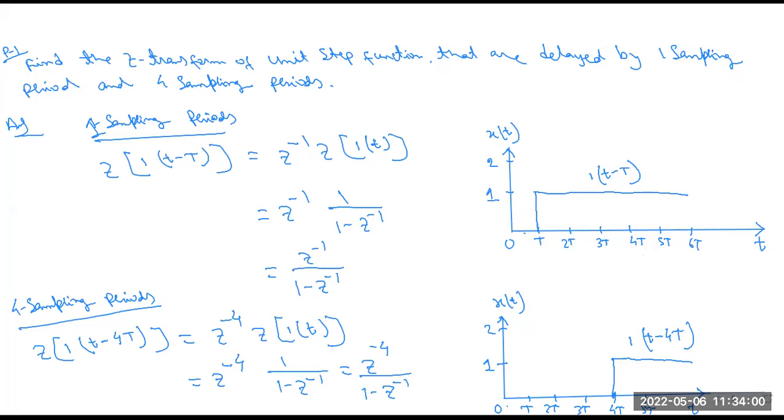Another question, another example, problem 2. A question is given: obtain the Z transform of the function given, that is f of k equal to a to the power k minus 1, and the other one is 0.